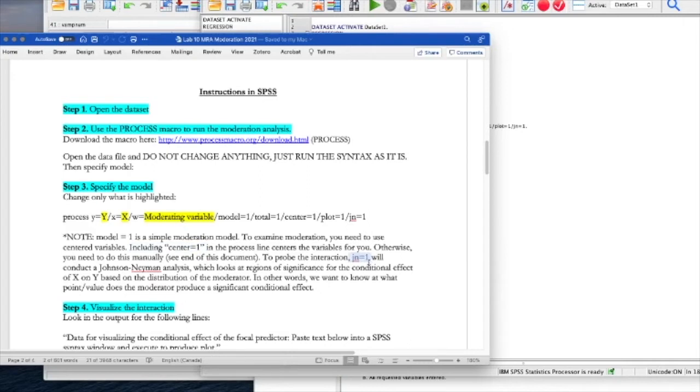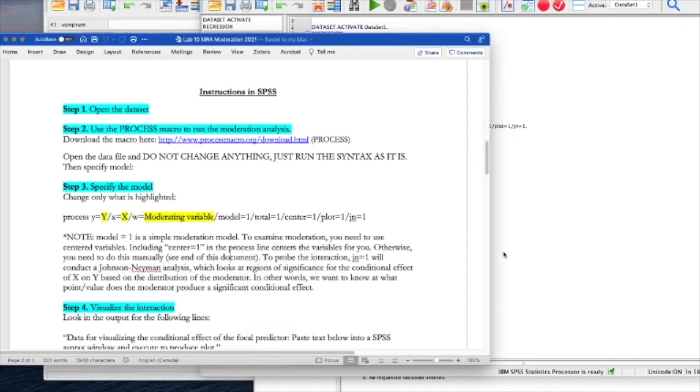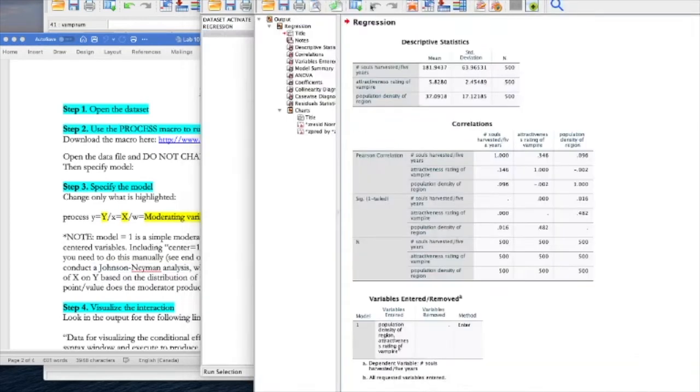This JN equals 1 gives you a Johnson-Neyman analysis, and we'll go over what that is. It just helps to show us what we get. So I'm going to just run this regression, and let's see what it looks like.